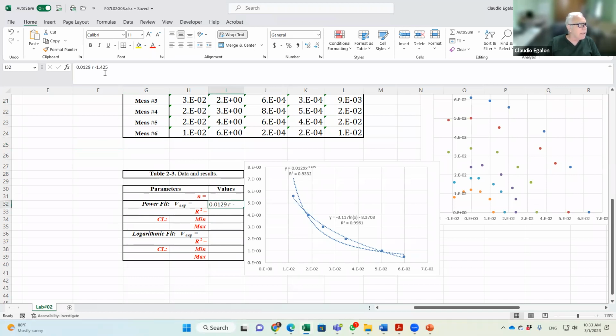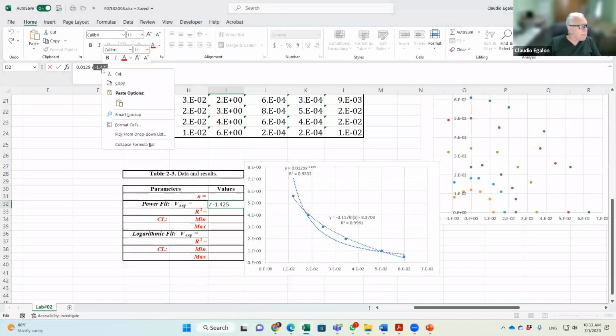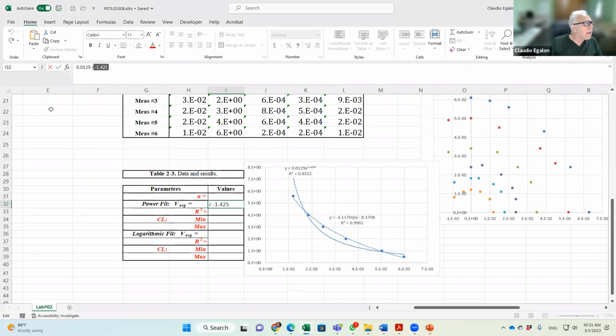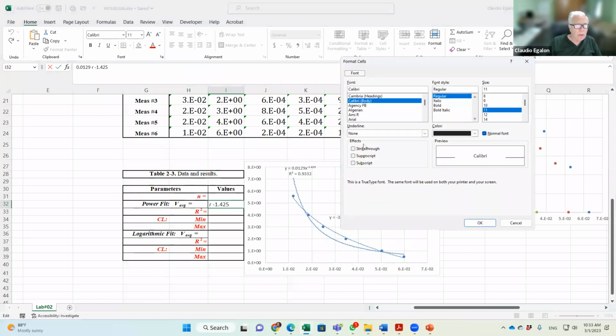Now, what about the superscript? For the superscript, you highlight everything here and you go to font. You go to font, click this little arrow, and we have those choices here: strikethrough, superscript, subscript.